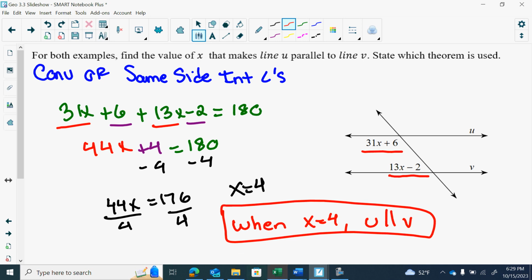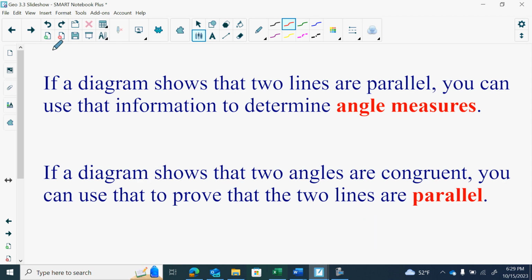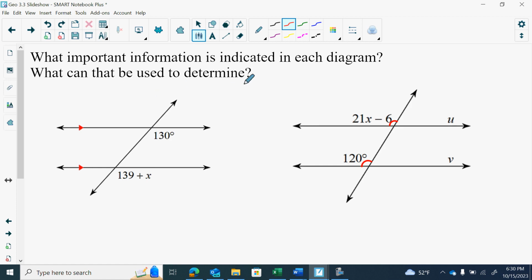So going from that end, if a diagram shows that two lines are parallel, you can use that information to determine angle measures. But if a diagram shows that two angles are congruent, you can use that to prove that the two lines are parallel. So if we look at this next one, what important information can be indicated in each diagram?